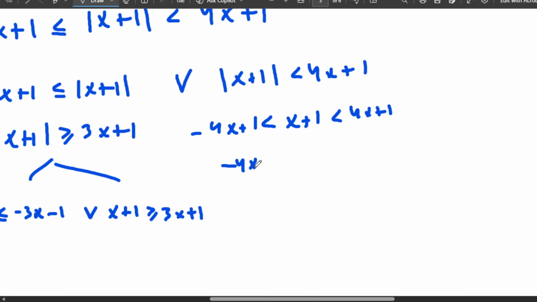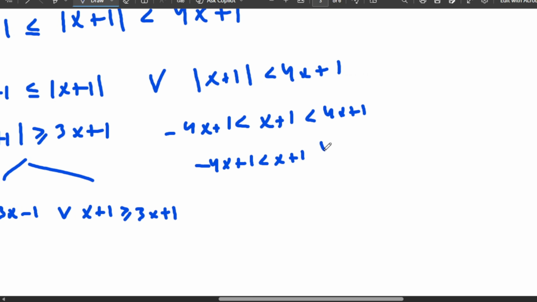So negative 4x plus 1 is less than x plus 1, and also x plus 1 is less than 4x plus 1.